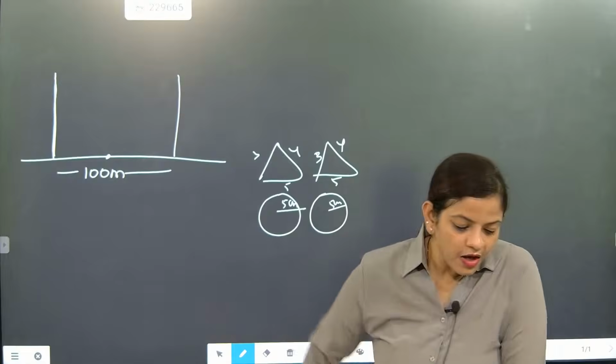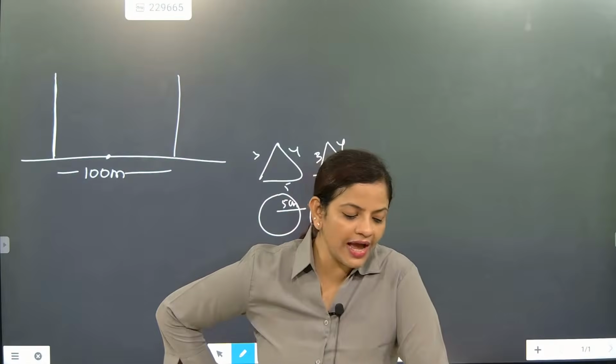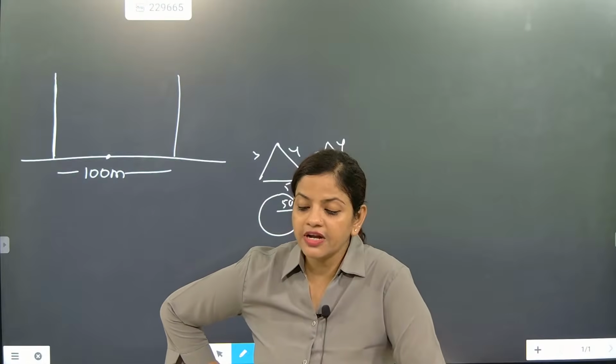Now look here, ready? Two pillars of equal height on either side of road, which is 100-meter wide.